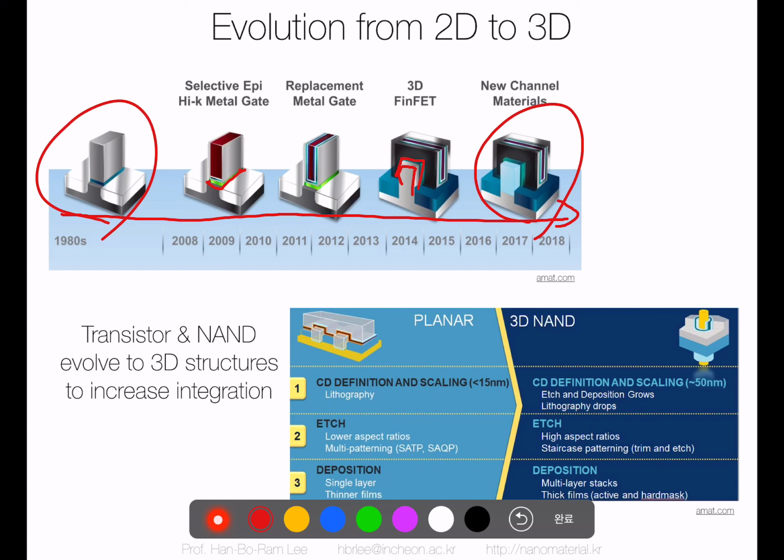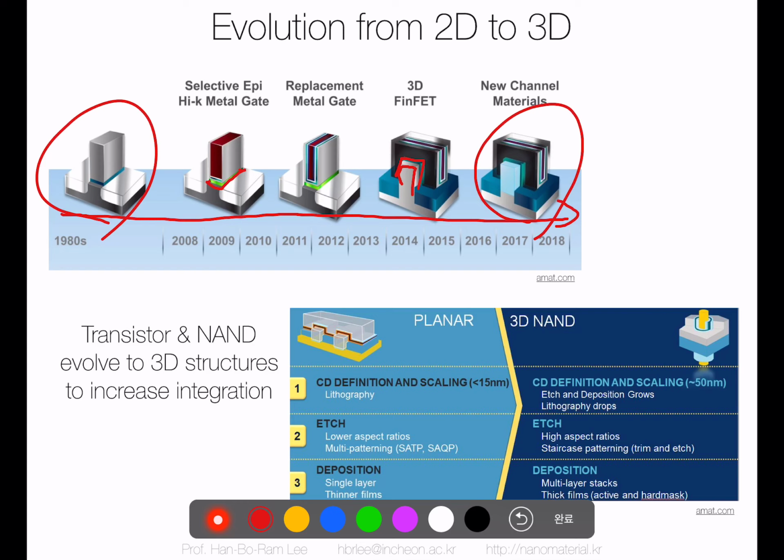So to increase the speed of our electronic gadget system, we have to use smaller transistors, and still to meet the performance, we have to make three-dimensional transistor devices.